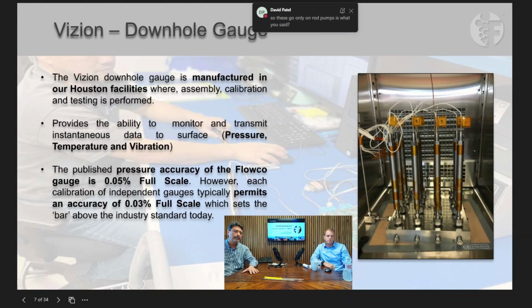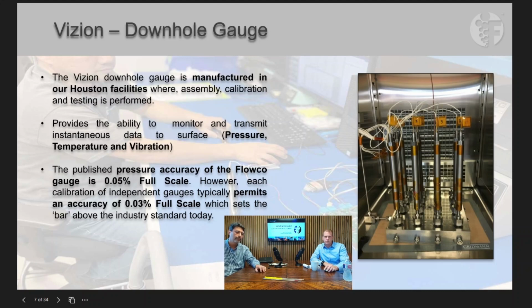In addition, like I mentioned earlier, the published pressure accuracy is 0.05% full scale. However, we can achieve 0.03% because of the technique that we use to calibrate the gauges. In the majority of cases, we can get 0.03% full scale pressure accuracy, which is not as usual to find in the market for this type of gauge.